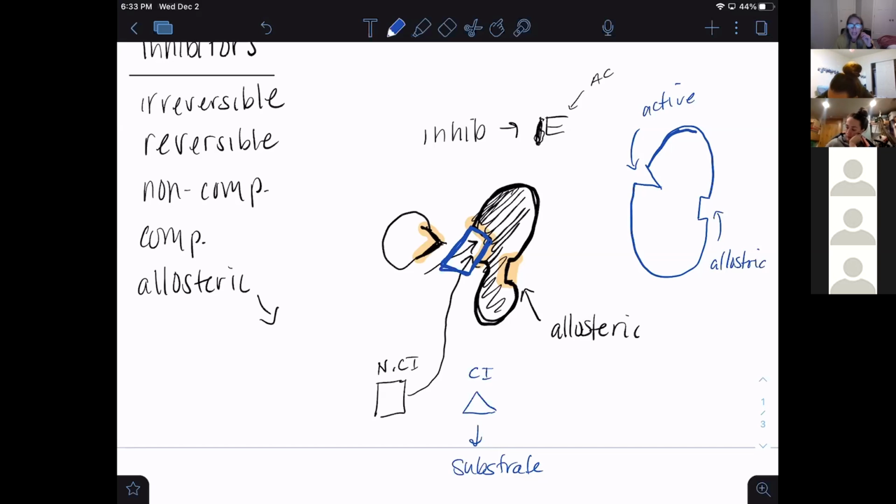So again, allosteric regulation, allosteric binding, allosteric sites, allosteric molecules, it's just letting you know that it's another site on the enzyme that an effector, in terms of regulatory or allosteric, may bind, okay? So allosteric is just anything but the active site.